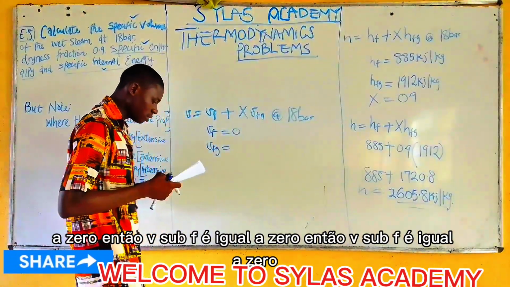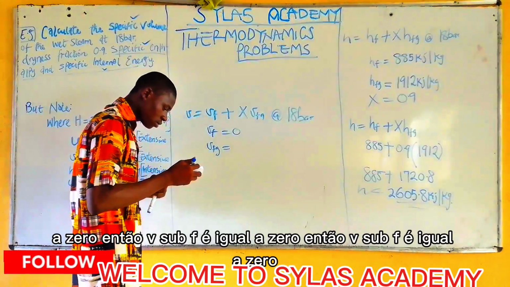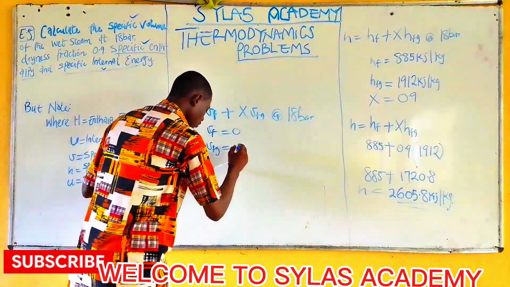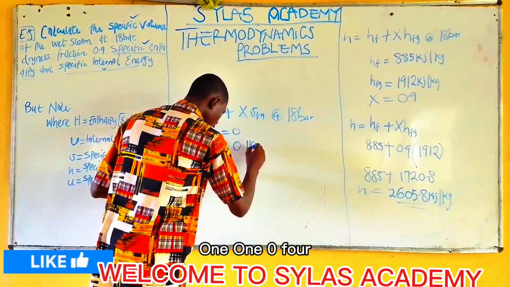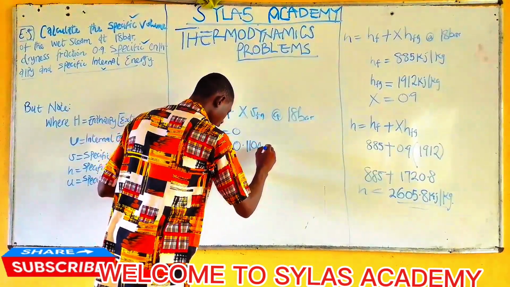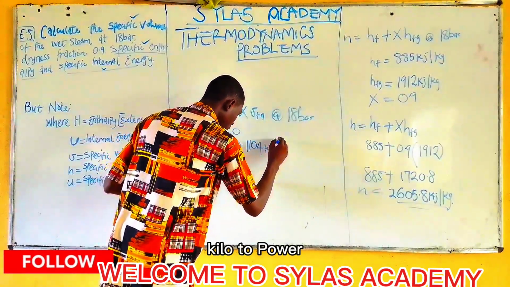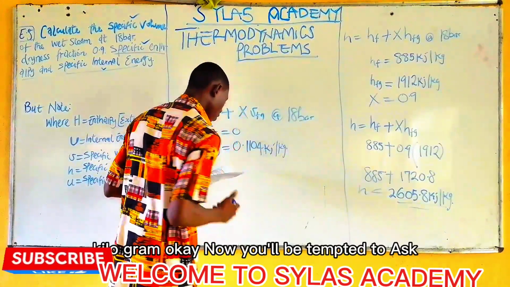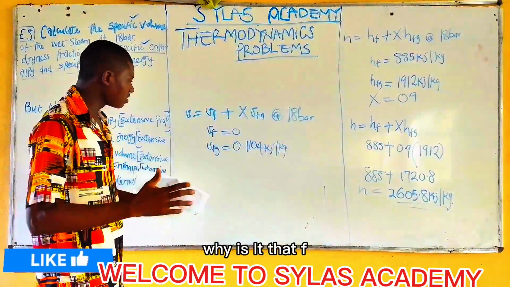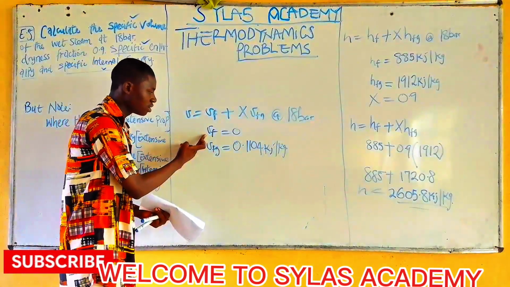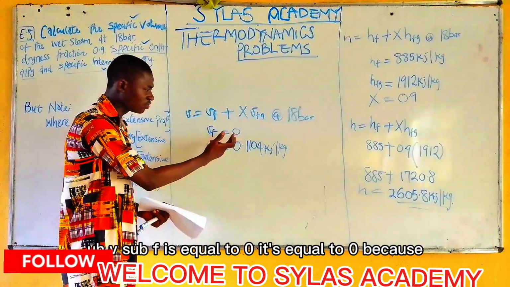Check the resting table. You have 0.1104, right? Kilogram. Now you'll be tempted to ask, why is it that v sub f is equal to 0?